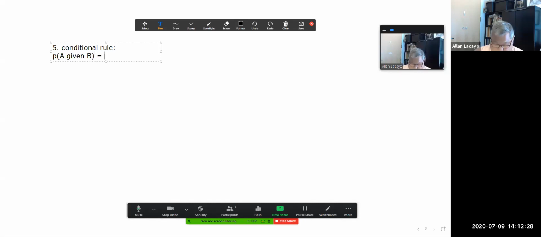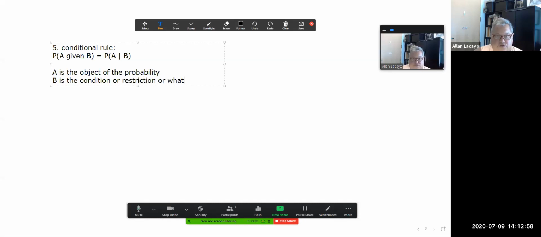we usually use a shorthand notation where we separate A by a vertical line from B, in which A is the object of the probability, the object of our uncertainty, and B is the condition or the restriction or what is known or given about the context in which we are calculating a probability.